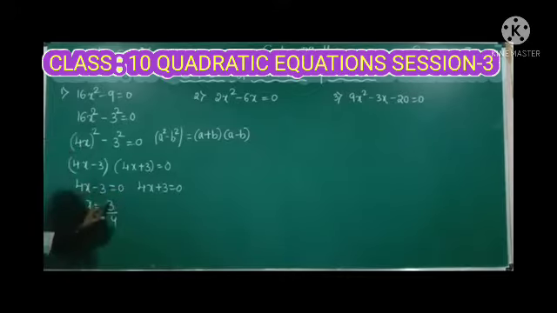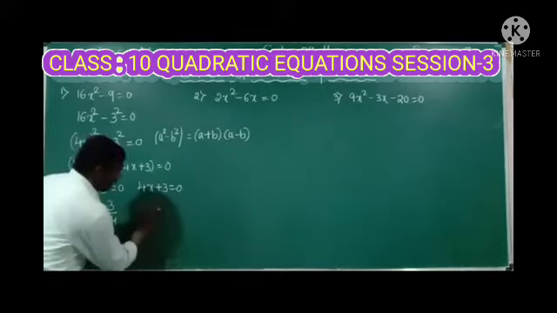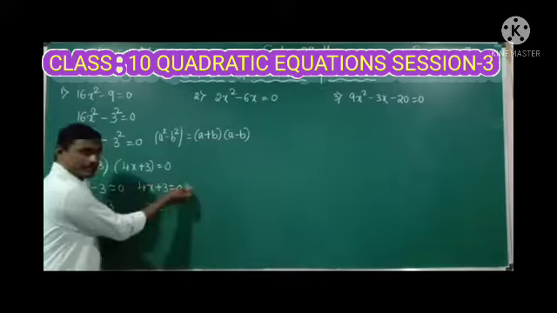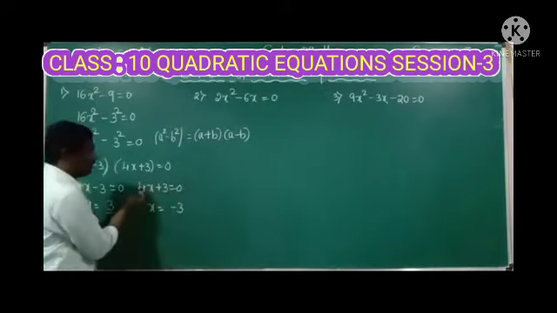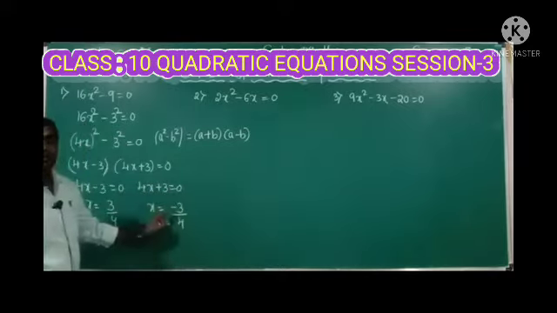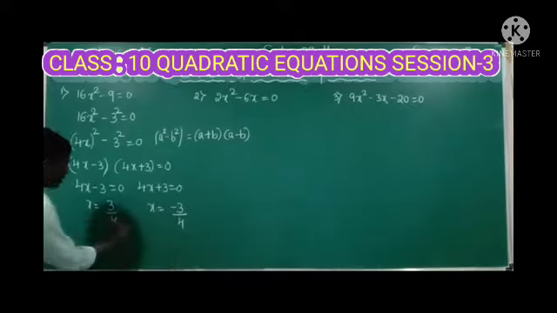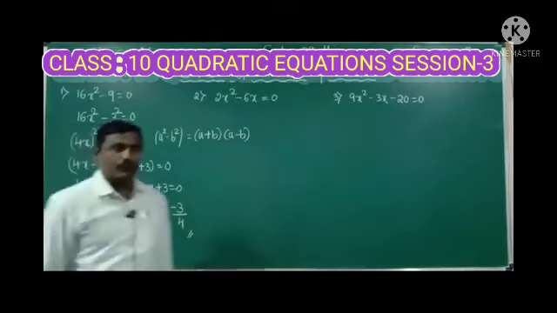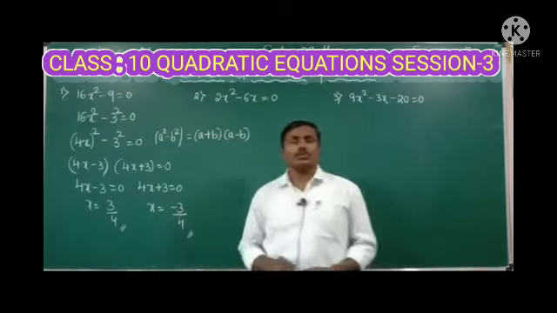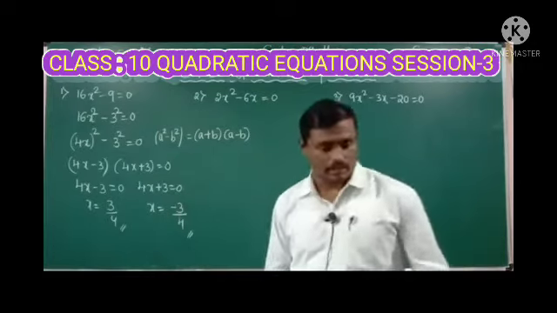Here, take this plus 3 to the RHS, it becomes minus 3, and x is equal to minus 3 divided by 4, the coefficient of x. So these are the two roots of the quadratic equation.